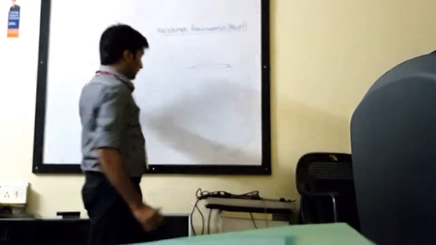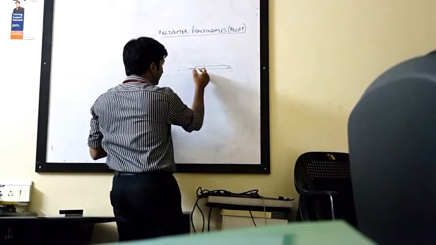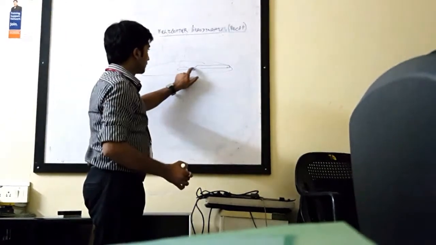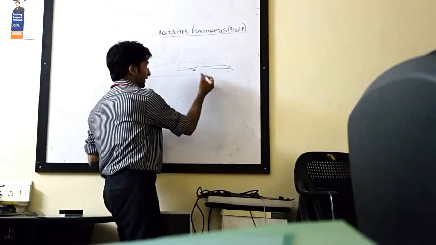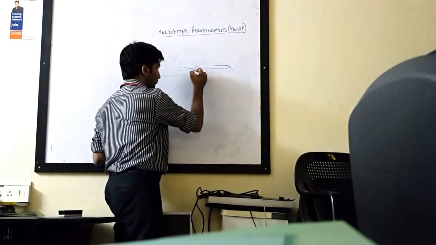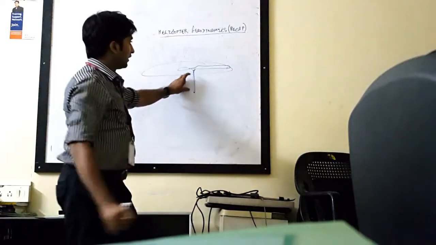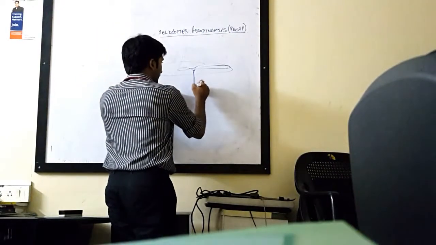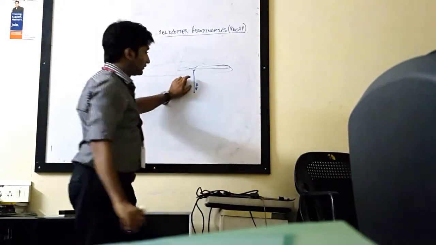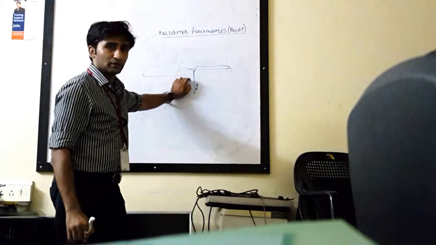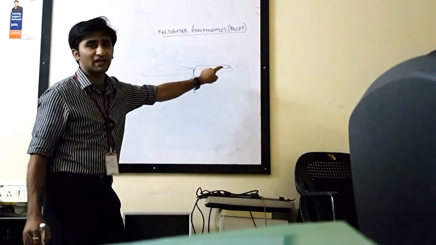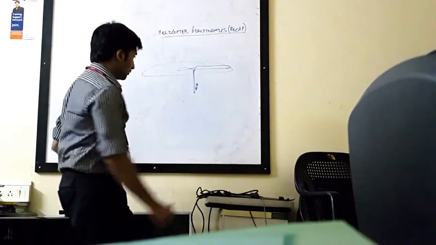If this is my blade, I'm going to have a small extension here, and I'm going to take a rod which can swivel along this place. Now this rod can move up or down. This is basically a control rod. It helps to change the pitch angle of the blade.